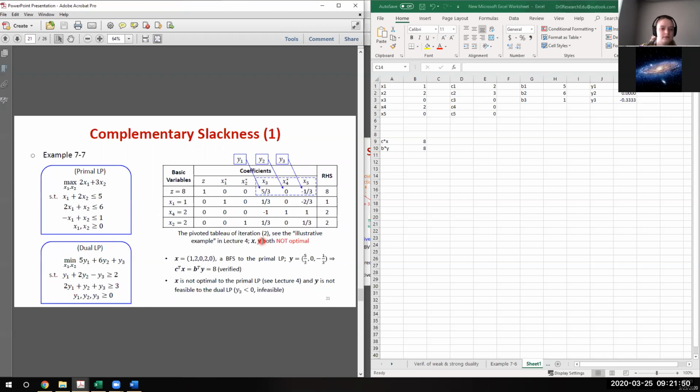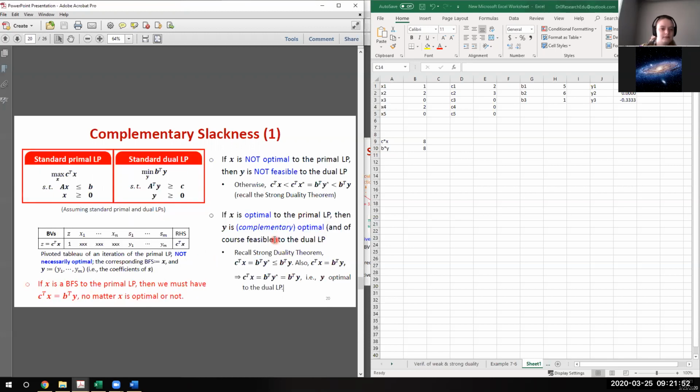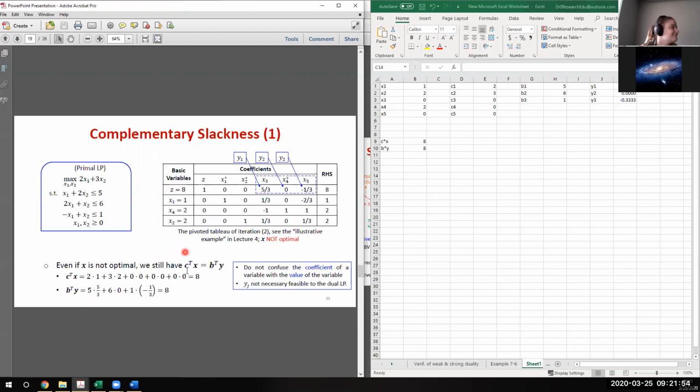Again, let's review this part a little bit. First, we observe a fact from this example, which is c^T x equal to b^T y, where x is any basic feasible solution.